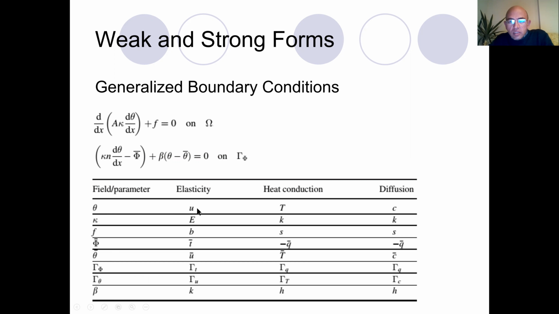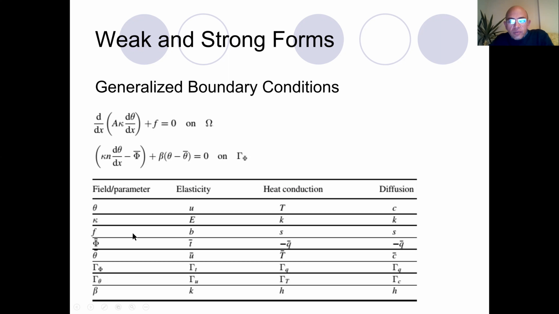So in elasticity, theta is u. In heat conduction, theta is temperature. And for diffusion problems, it is c. The physical constant k is the Young modulus for elasticity, the conduction coefficient for heat conduction, and the diffusion coefficient for the diffusion problem.